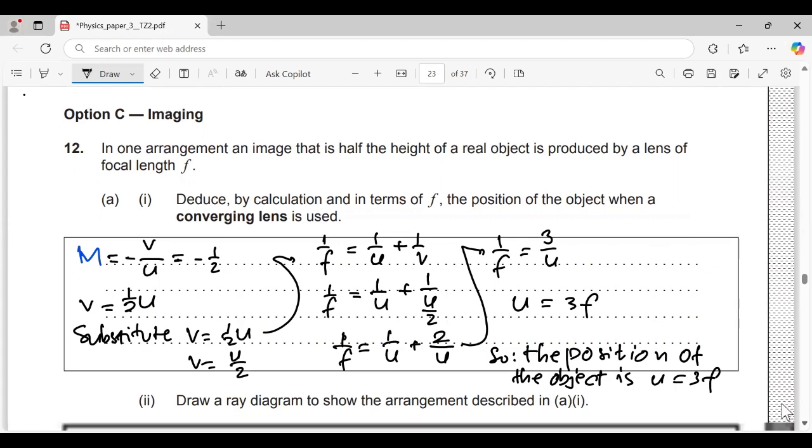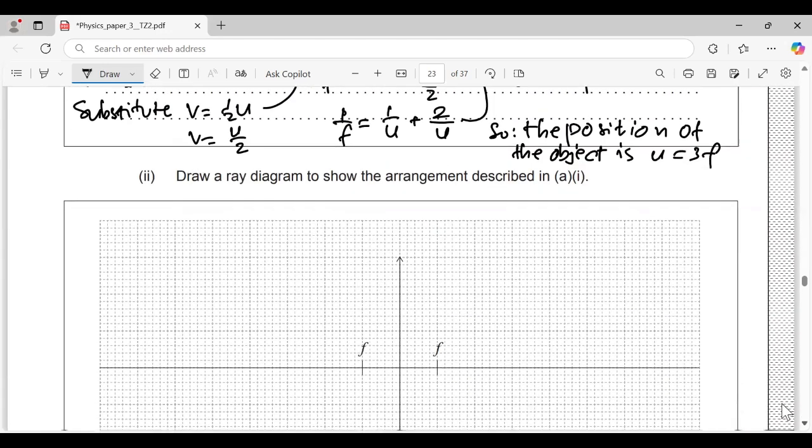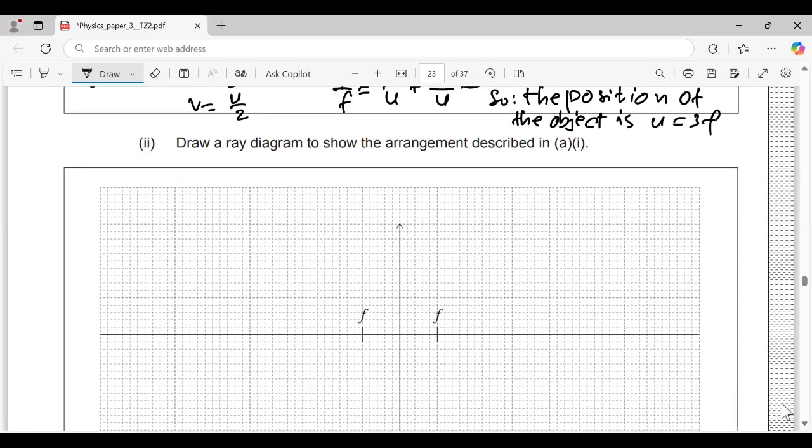Right. So a ray diagram to show the arrangement described in part 1. 3F means 1, 2, 3 here, and the object here. Okay. We can draw the straight line as the ray.